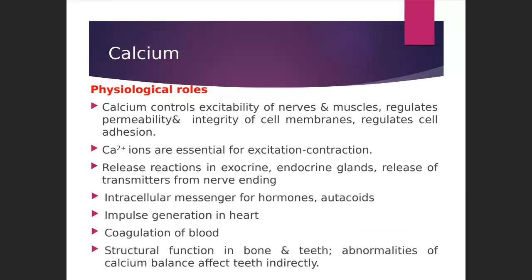The physiological role of calcium: what does calcium do in the body? Calcium controls excitability of the nerves and muscle, regulates the permeability and integrity of the cell membrane, and regulates cell adhesion. Calcium ion is responsible for essential excitability, meaning it will activate excitation of the neuron or the muscle and the release reaction of exocrine and endocrine glands.